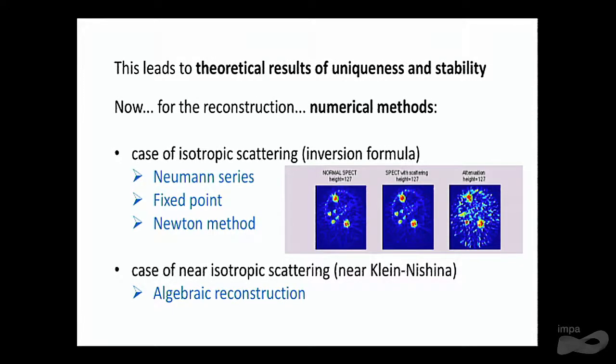I will show you that, but before, in general, this attenuated Radon transform inversion formula is valid when you have isotropic scattering. If you don't have isotropic scattering, you need to develop another method, which is called algebraic reconstruction, which is essentially to divide the image in pixels and then compute the integrals by quadrature formula.